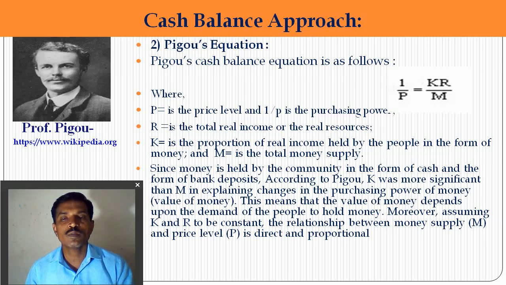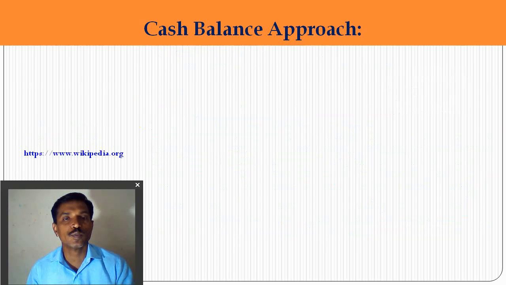Since money supply is held in the community in the form of cash and bank deposits, according to Pigou, K was more significant than M in explaining changes in the purchasing power of money. So the value of money depends upon the demand of the people to hold money in their hand, and assuming that K and R are constant, the relation between the money supply M and price level is direct and proportionate according to Pigou.